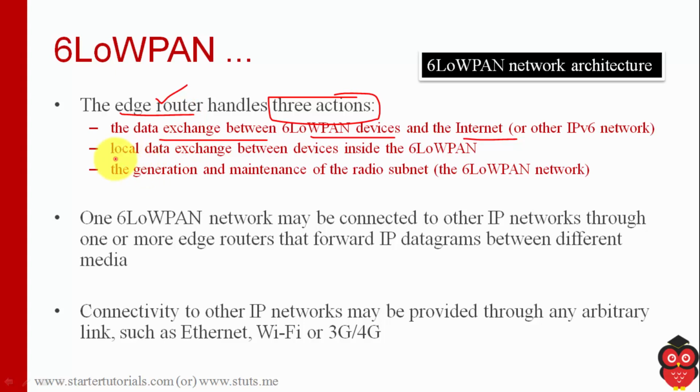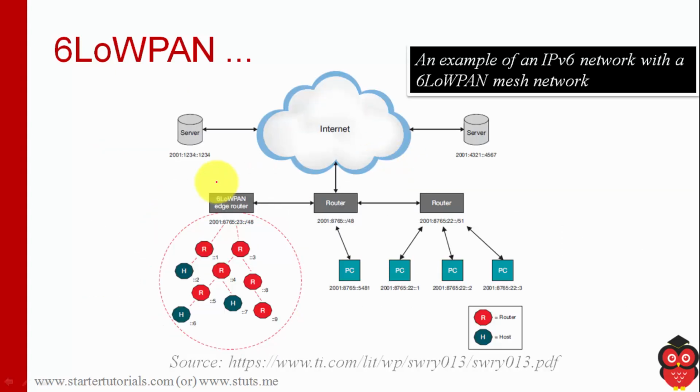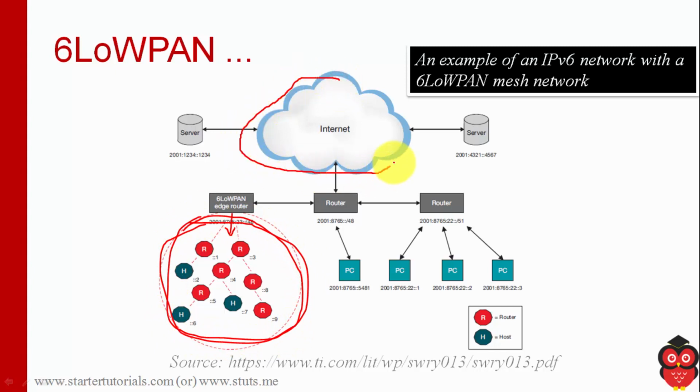The second one is local data exchange between devices inside the 6LoWPAN network. That is this internal communication, which is handled by the edge router, and the communication between the 6LoWPAN network and the internet is also done by the edge router. The communication passes through the edge router.